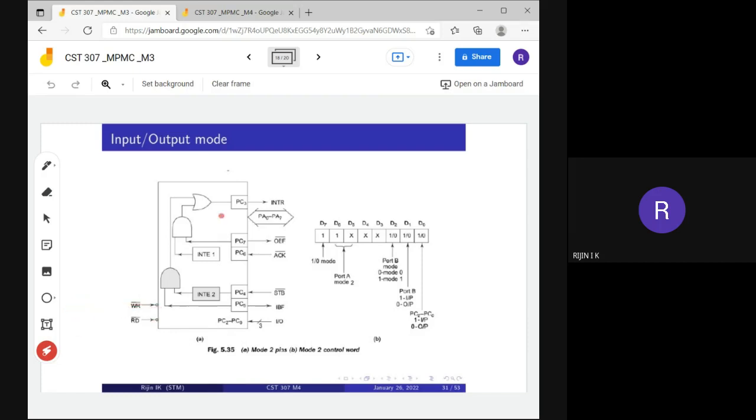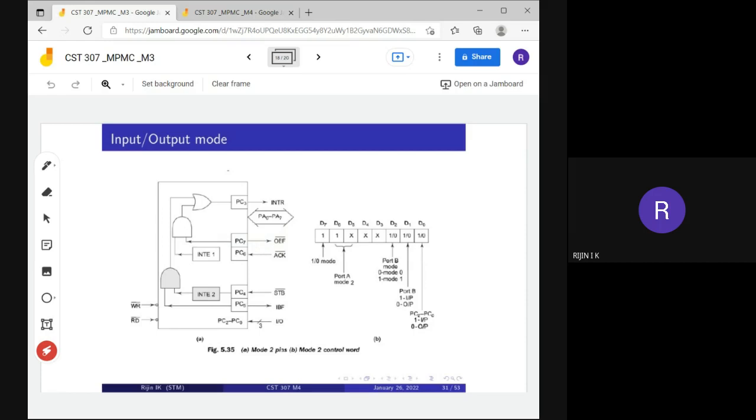Okay, then it will write the data to the output buffer. Then if the output buffer is full, it will generate an OBF signal, output buffer full signal. Okay, that will be generated from PC7. Okay, from the PC7 pin, it will generate an output buffer full.